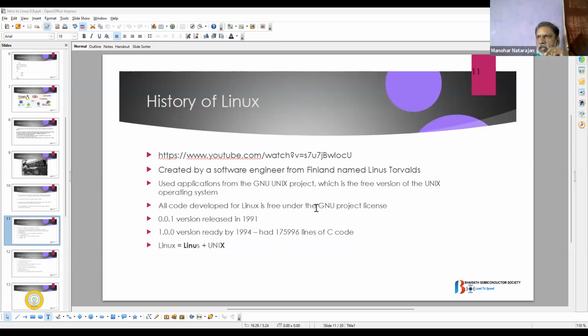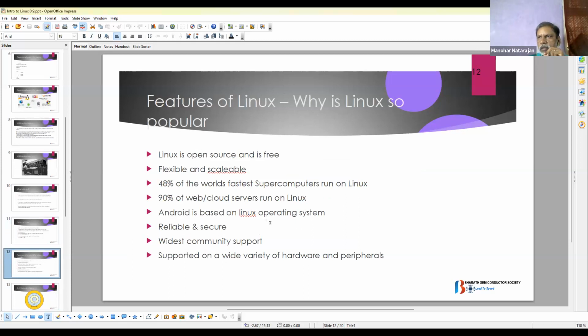So this is what we saw. Linux was created by Linus Torvalds, and it is based on the GNU project license, which means it's free and open source. Version 0.0.1 was released in 1991, and 1.0 came in 1994. The world's fastest top 500 supercomputers, we saw they run on Linux.